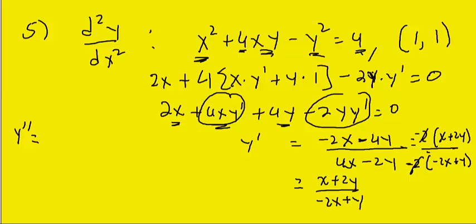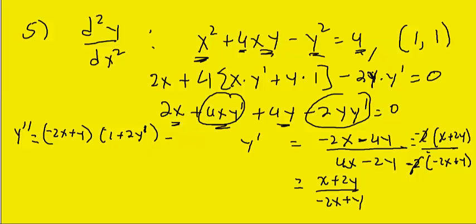Alright, so now we take the second derivative, and how do I take the second derivative? Lo d hi, hi d lo. Denominator, which is negative 2x plus y, times derivative of the numerator. Okay, derivative of the numerator is 1 plus 2y prime.